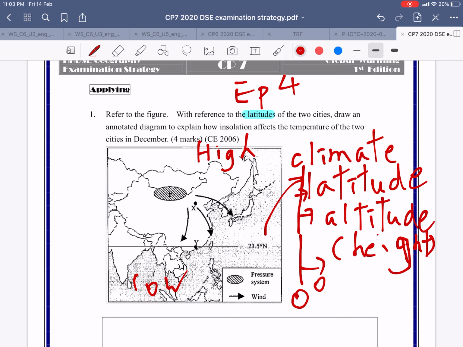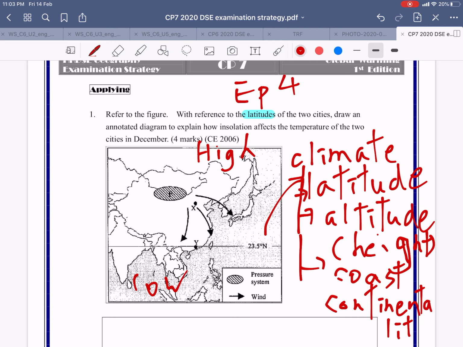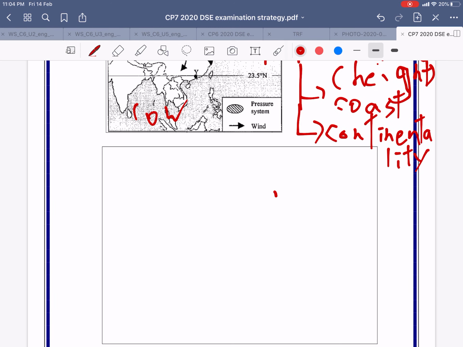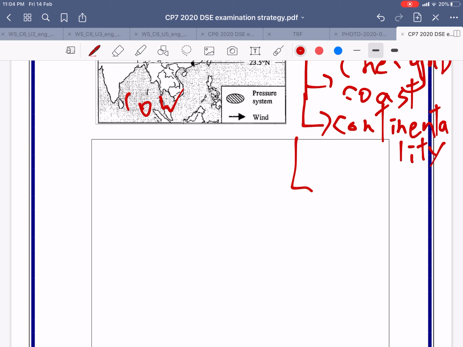What's more, whether the place is coastal is related to continentality, as I said before. And there are other factors also, but they seem to be not very popular concepts in the DSE, for example ocean currents.